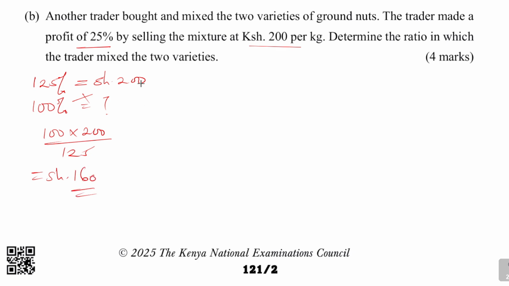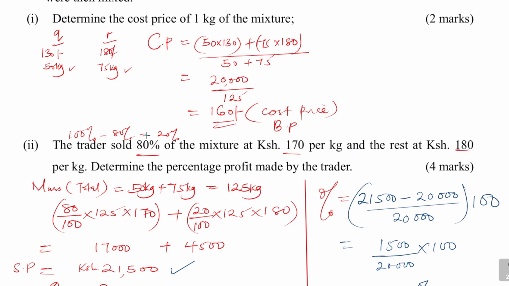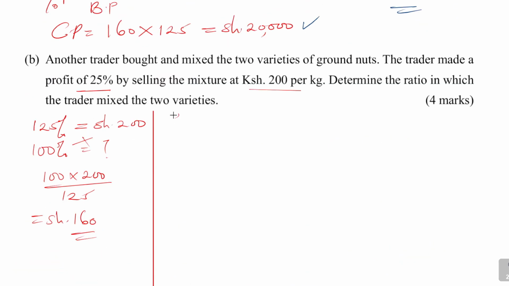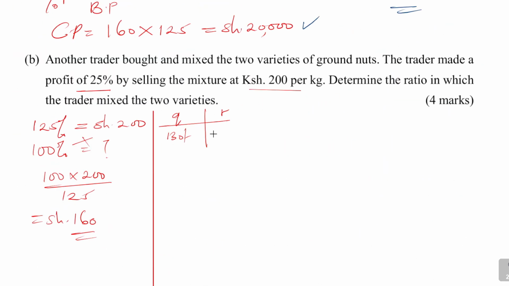So now after getting the cost price, that will assist us in getting the ratio. When you're getting the cost of 1 kg of the mixture, this is what you're going to do. Remember, in the first part, we have the varieties. Variety Q was selling at 130, and R was selling at 180 shillings.